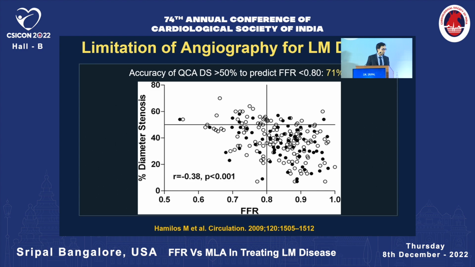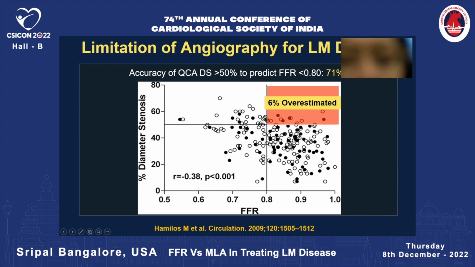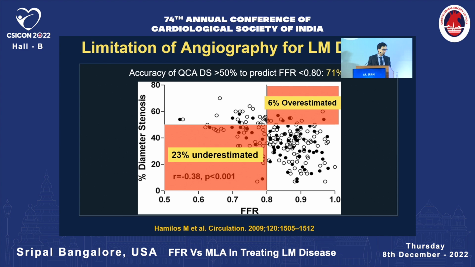A number of studies have looked at this. This is one of the studies looking at a 50% threshold for left main disease. If you use angiography alone, in 6% of the cases we had angiographic stenosis, QCA stenosis of 50% or greater, there is overestimation of physiological significance of the left main lesion.